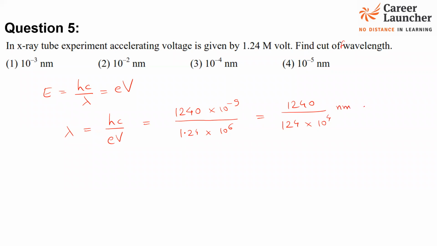So answer should be 10 raised to minus 3 nanometers. Option 1 should be the answer. Yeah. So as you can see, this is a very simple formula based problem, which is like the first question that you will study in X-rays at the operating voltage. Let's see the next one.